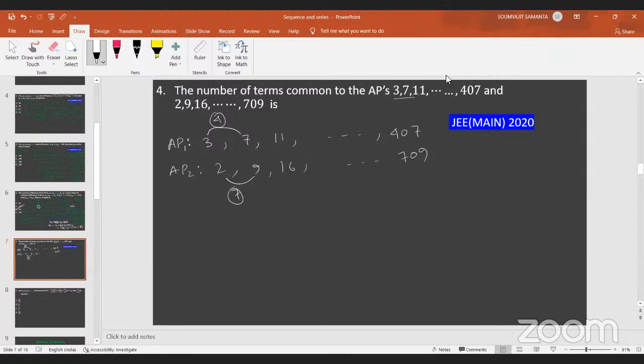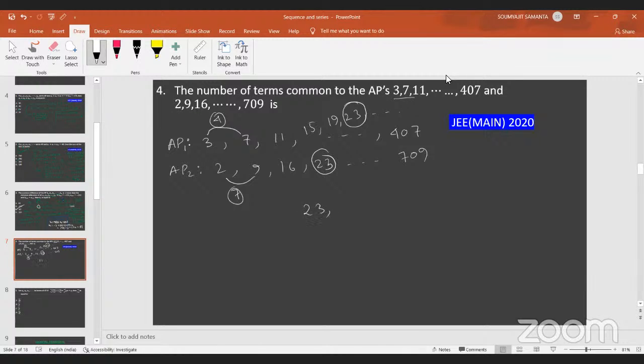If we just go on writing the next terms of the first AP, it will become 15, then 19, then 23, and it will go on. And for the second AP, 16, then the next term is 23. So the first common term of the two APs is 23.